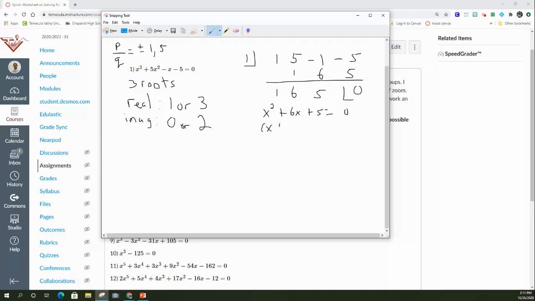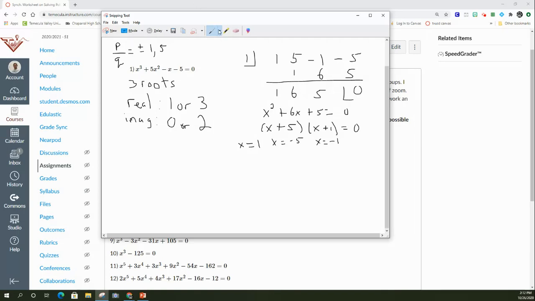So x plus 5, x plus 1, all right, so then I get x equals -5, x equals -1, and then don't forget about the x equals 1 that we already had. So those are my 3 roots. They happen to all be real. All right, and so that's one way to solve this problem.